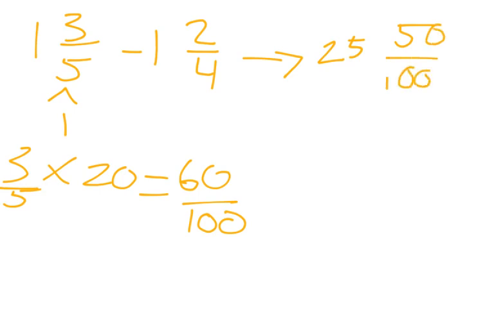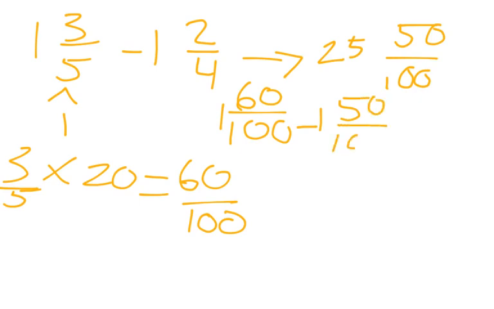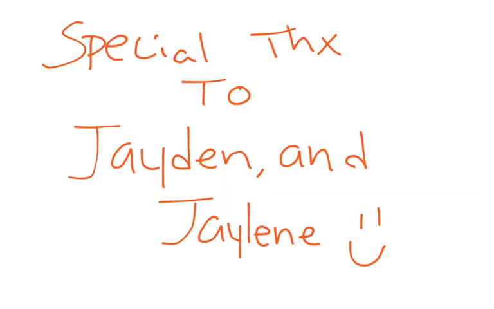So the new problem is going to be 1 60 over 100 minus 1 50 over 100, which you don't have to do on the number line since you already know. It's going to become 10 hundredths or 0.10 as your answer.